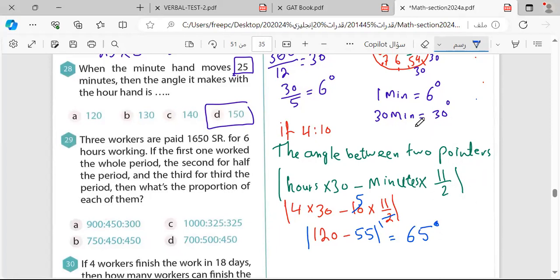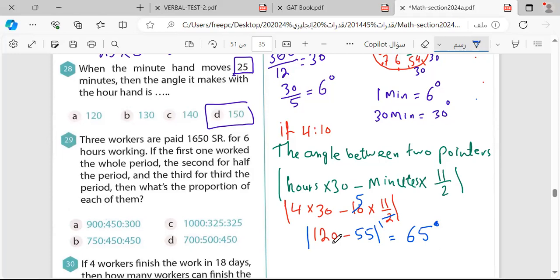Or by drawing. If you draw, then you can find the minutes, or you can find the angles. Okay, my students, either I use the formula, hours times 30 minus minutes times 11/2. And why do we put absolute value? Because the angle will be positive, not negative.